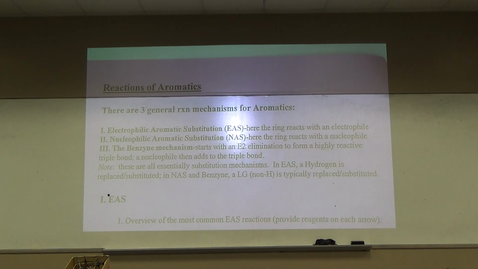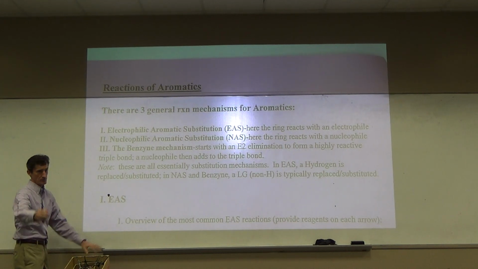Nowadays, 98% of the time, we have to be aware that 2% we can do the same thing. We'll also see the benzyne mechanism, which actually kind of begins with an E2 elimination. Okay. First though, EAS. Question?